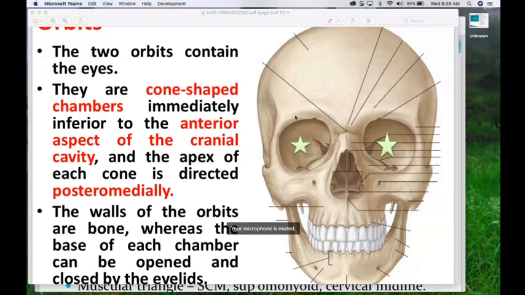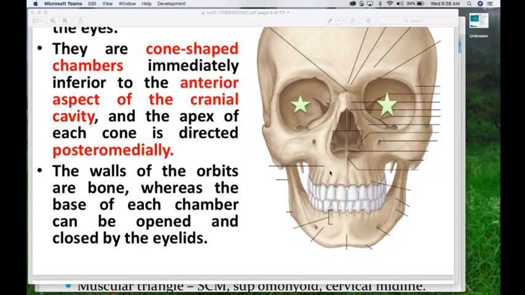They are cone-shaped chambers immediately inferior to the anterior aspect of the cranial cavity, and the apex of each cone is directed posteromedially. The walls of the orbit are of bone, whereas the base of each chamber can be opened and closed by eyelids.